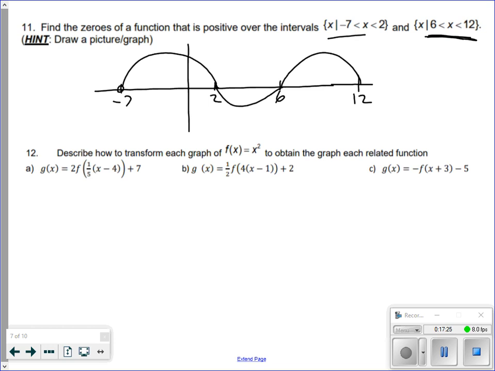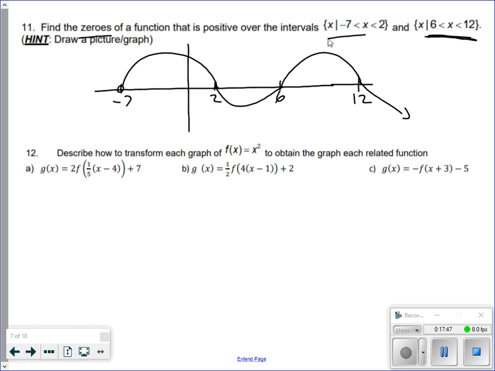And honestly, I don't know what's happening after 12, but I'm going to assume we're stopping right on the graph at 12 because we're not told anything further than that. So I'm assuming everything after 12 is going to be negative, so it's going to go down forever. It doesn't really matter because all we need to do is find our zeros. The zeros are the x-intercepts.